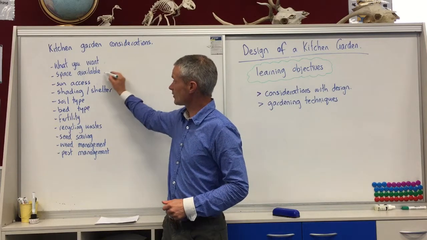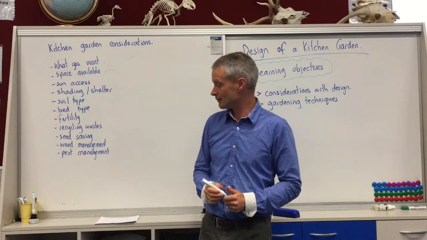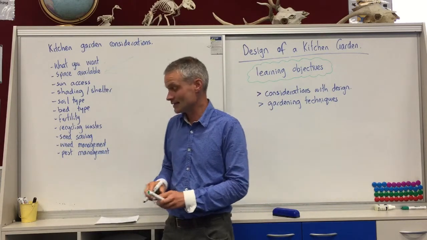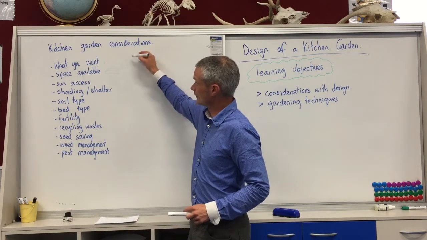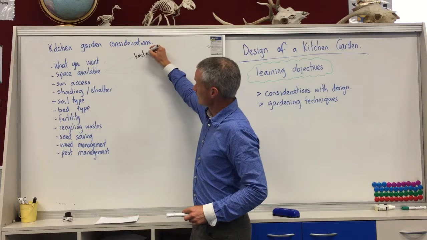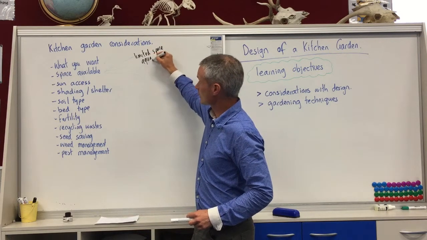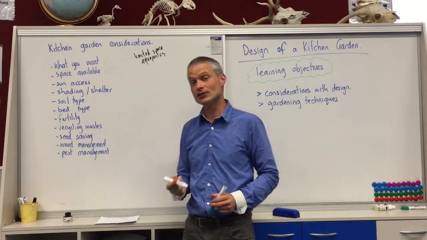Generally, you might take on board 3 different strategies there. If it's a very limited space available to you, you might want to do very high intensity or vertical gardening. So if it's a limited space, do things like aquaponic systems, which are probably the most efficient small space production system that you can do.